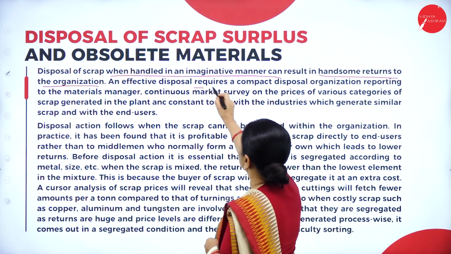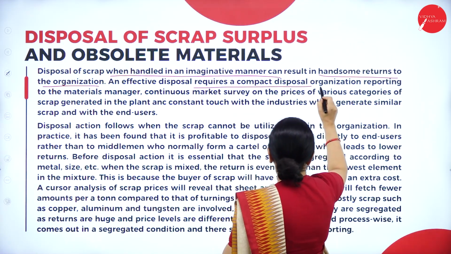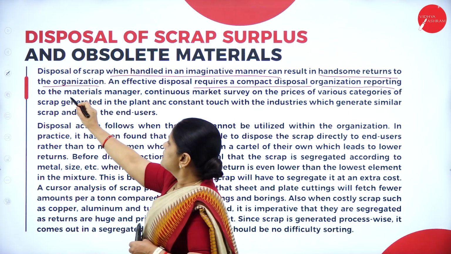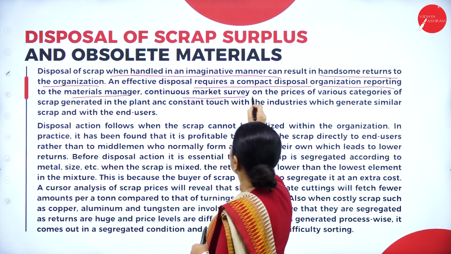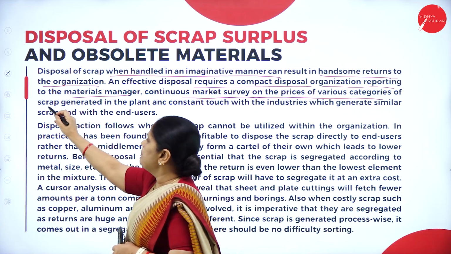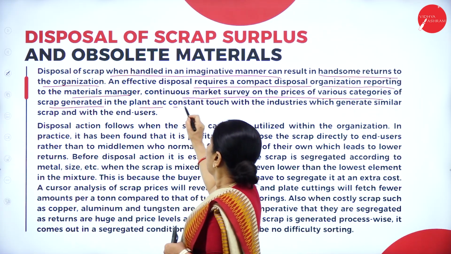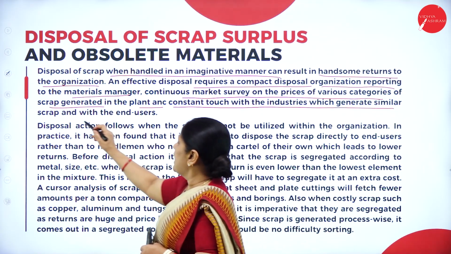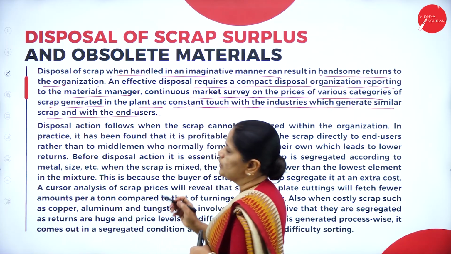An effective disposal requires a compact disposal organization reporting to the materials manager, continuous market survey on the prices of various categories of scrap generated in the plant, and constant touch with the industries which generate scrap and with the end users.